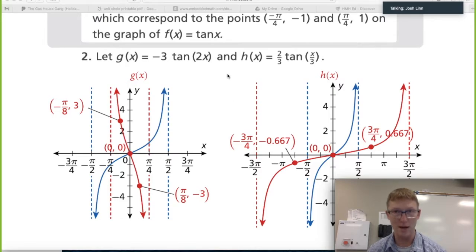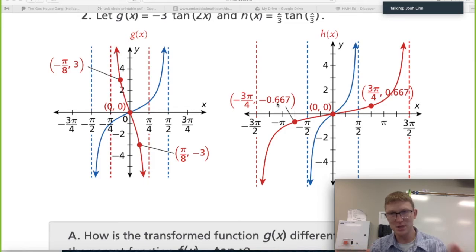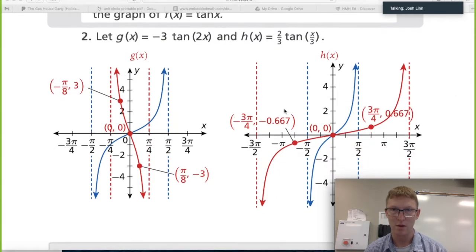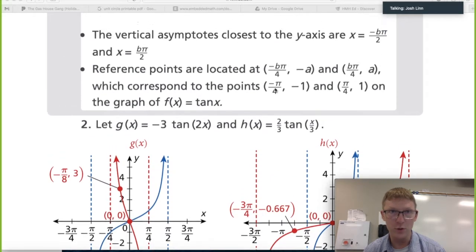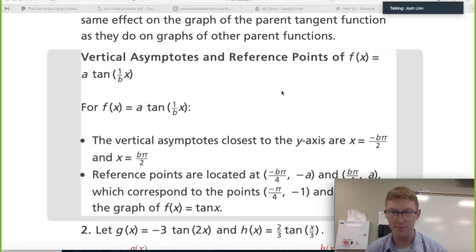So the one on the right, again, let's analyze it. I'm walking you through this because this is a good learning process. You have an example, so you've got to pick out everything in the example. So h of x is 2/3 tangent of x over 3. So if we were to do it analytically, using just the formulas, I don't even need the graph. We're just going to put it up here.